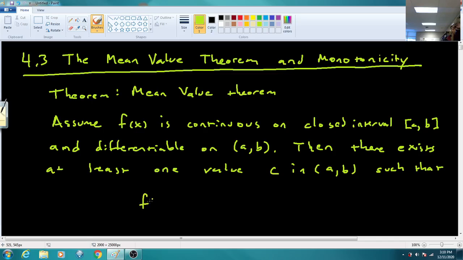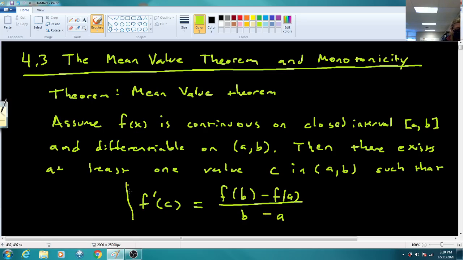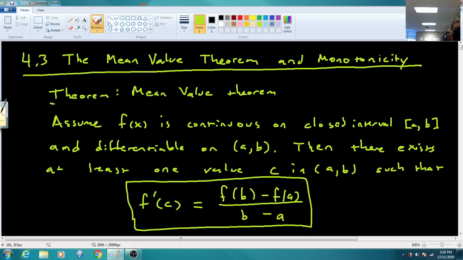We get f prime of c, so the instantaneous rate of change at c, is equal to the average rate of change from a to b. Okay, so that's our theorem.